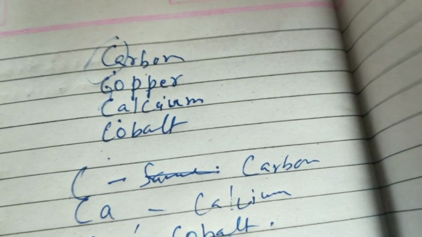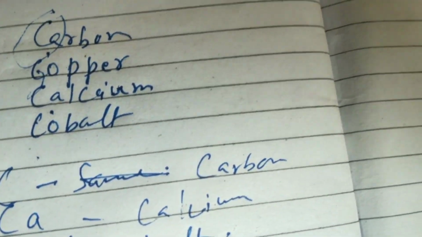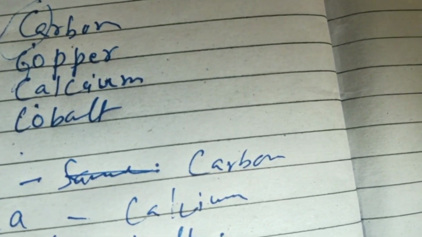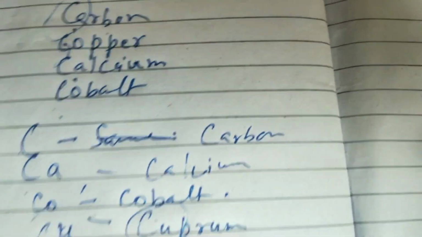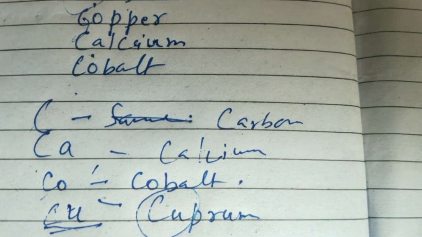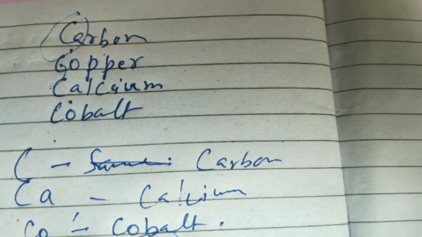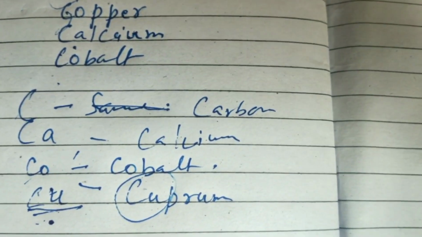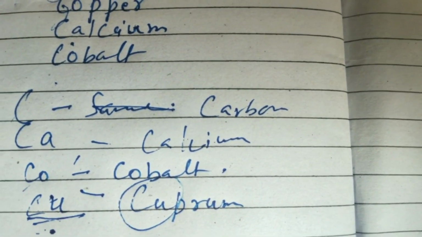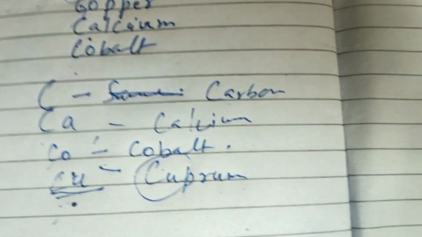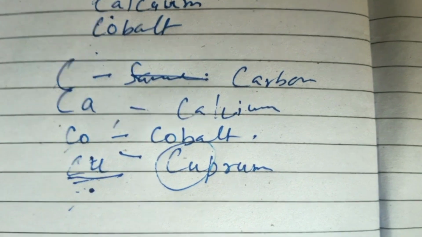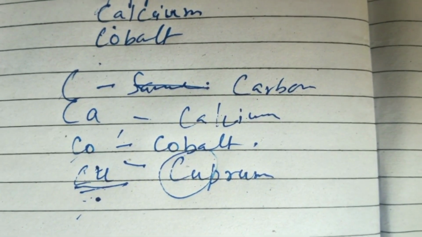You can see here that 4 elements start with the same letter, and there is a problem in using the first two letters also. If we use the first letter, the abbreviation stands for carbon, Ca for calcium, again Co for cobalt. Then what about copper?